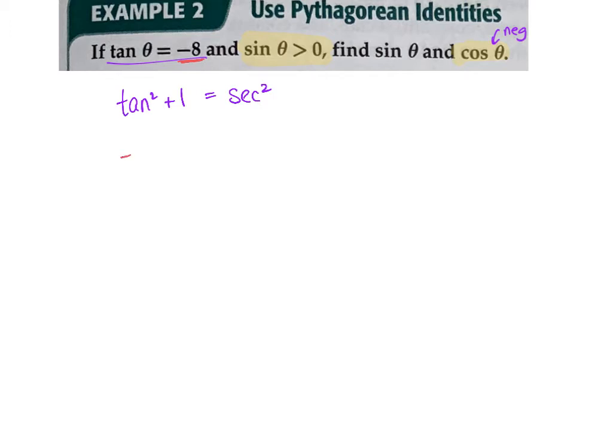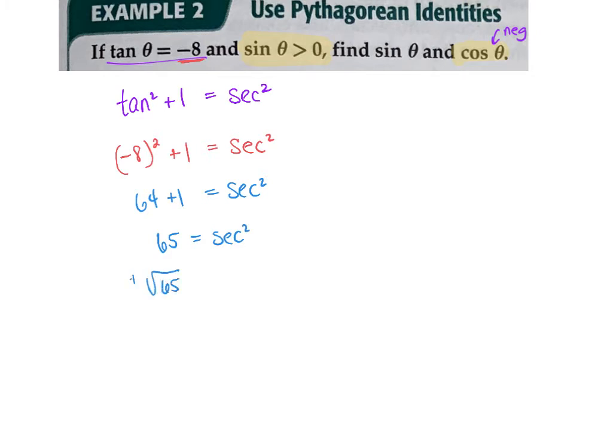My tangent, -8 squared, plus 1 should equal my secant squared. And then I'm just going to solve. -8 squared is 64, plus 1 is my secant squared. So 65 is my secant squared. So the square root of 65 should equal my secant.